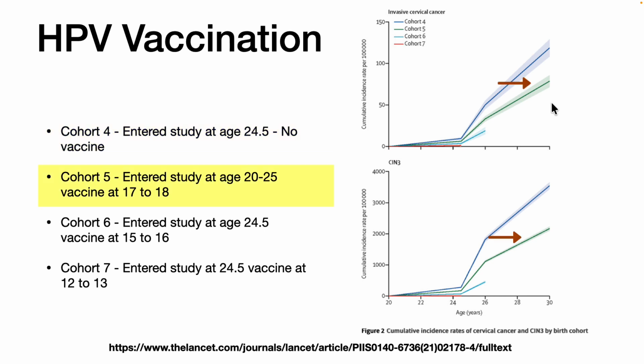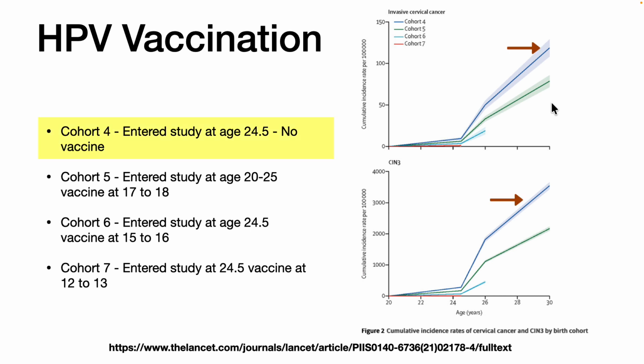Cohort 5 entered the study at age 20 to 25 and got the vaccine at 17 to 18 years old. Cohort 6 entered the study at 24.5 and got the vaccine at 15 to 16. And cohort 7 entered the study at 24.5 years of age and got the vaccine at 12 to 13 years of age. And you can see the incidence of cervical cancer, cumulative incidence per 100,000.